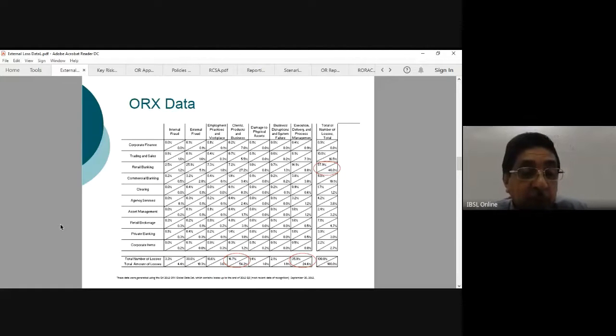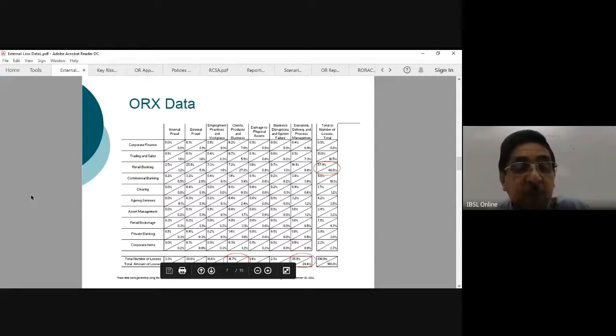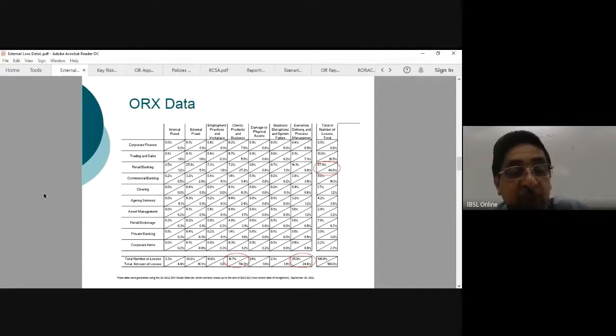In the bottom line you have corporate items. Sorry, corporate finance, yes. Then you have total number of losses and total amount of losses. There you get 3.3% and 4.4%. What does that mean?